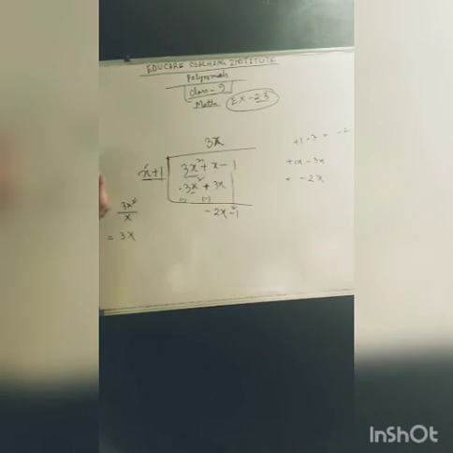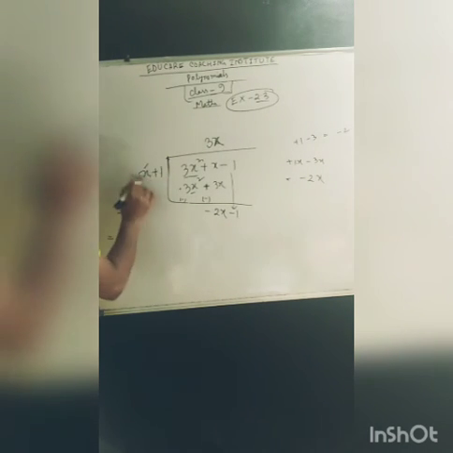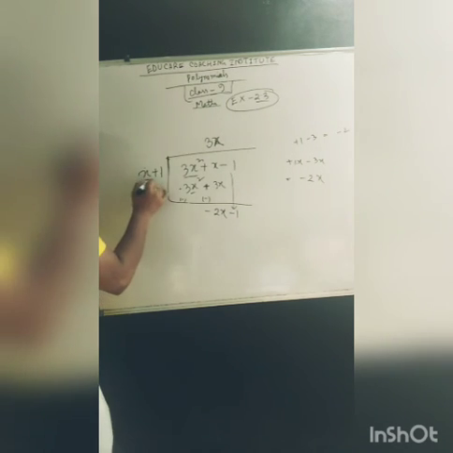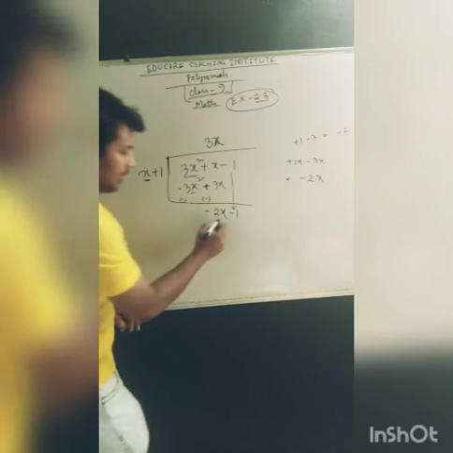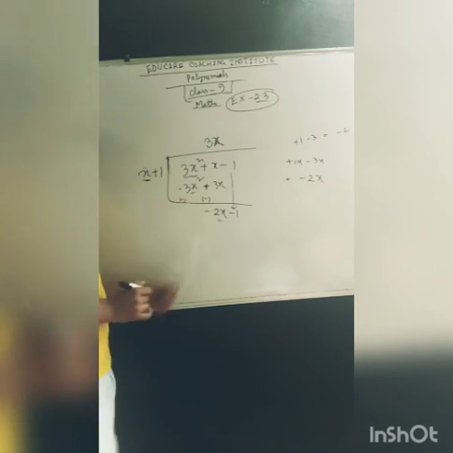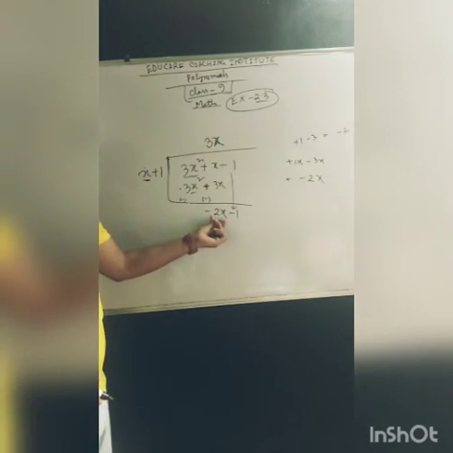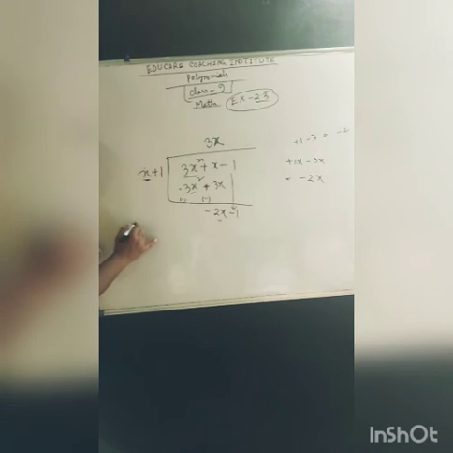Clear? Now see, again you look at the first term of the polynomial and the divisor, and it becomes a dividend. So this term is the first. Minus 2x divided by x. The x gets cancelled and here minus 2.